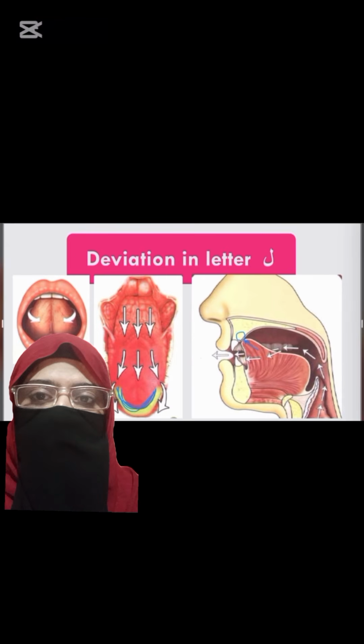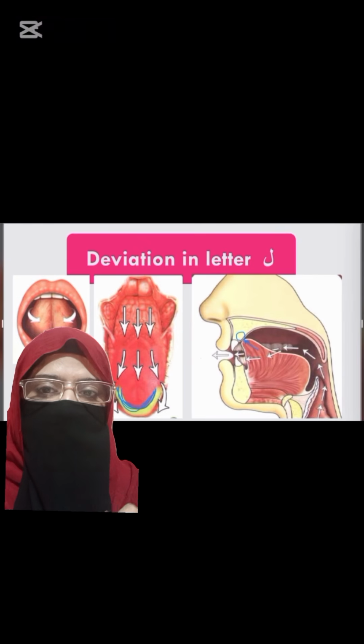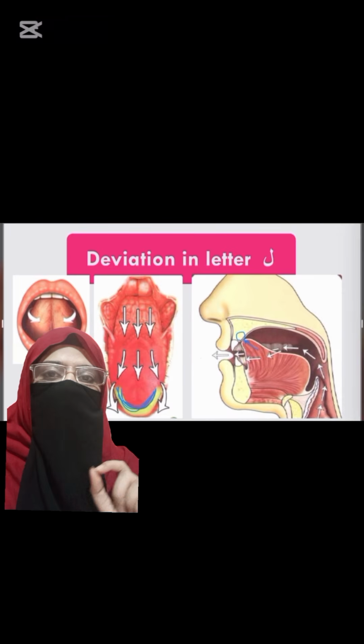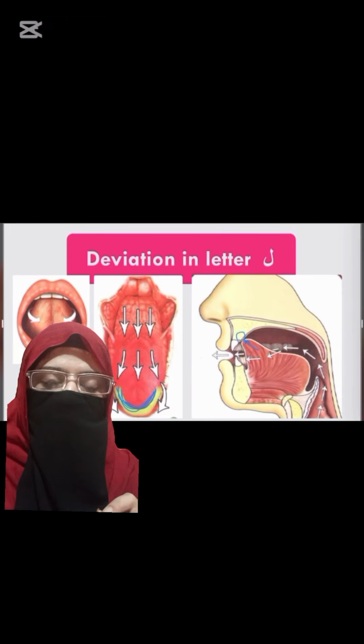When we pronounce lam, the tongue touches the upper area, while the pronunciation has a pathway that allows the sound to flow along the sides of the tongue.